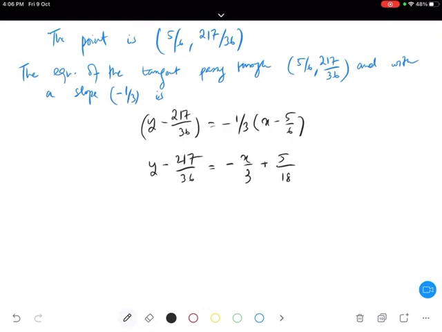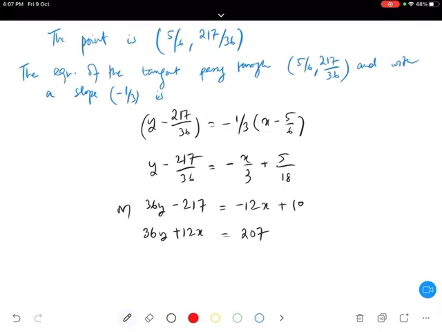So what do I get? 36y minus 217 is equal to, if I multiply 36 with x by 3, 3 and 36 will cancel, it will be 12. So minus 12x plus 18 into 2 is 36. So this one will become 10. So how much do we get? 36y plus 12x is equal to 207. Everyone clear?